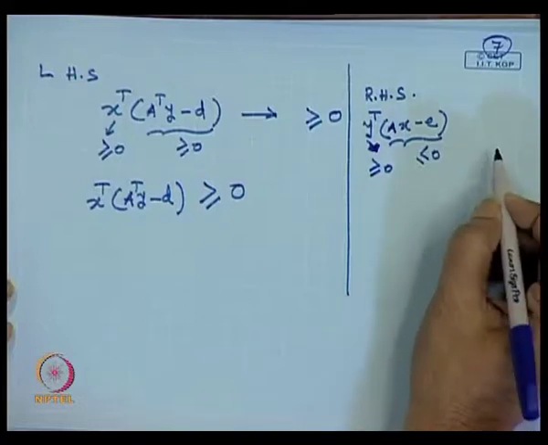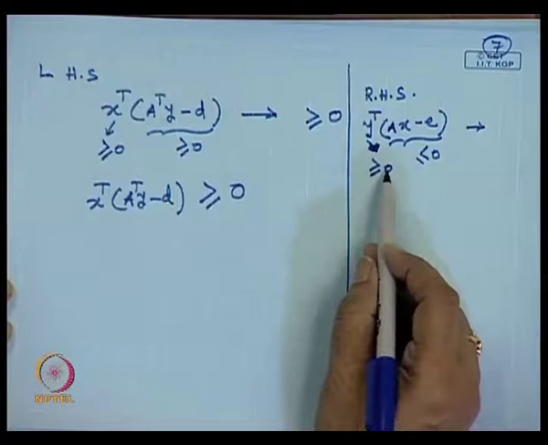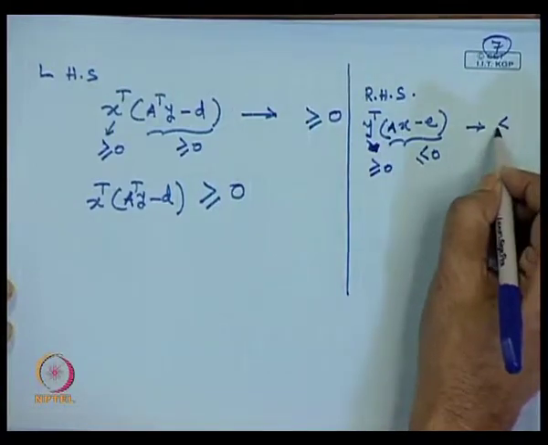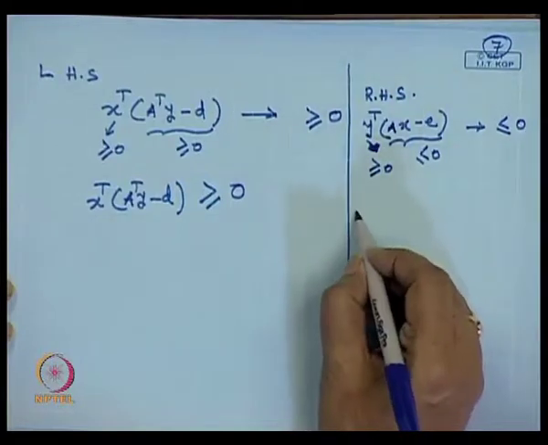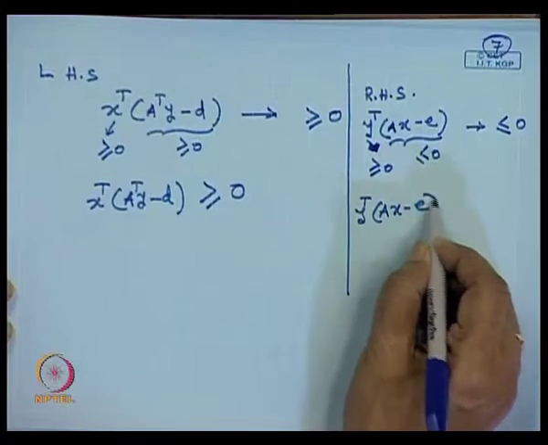So, this indicates that the result is less than or equal to 0, meaning that y transpose A x minus E is less than or equal to 0.